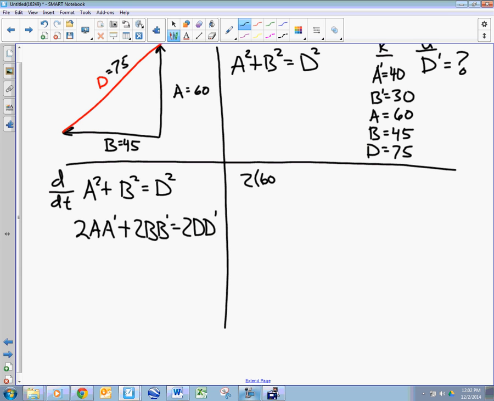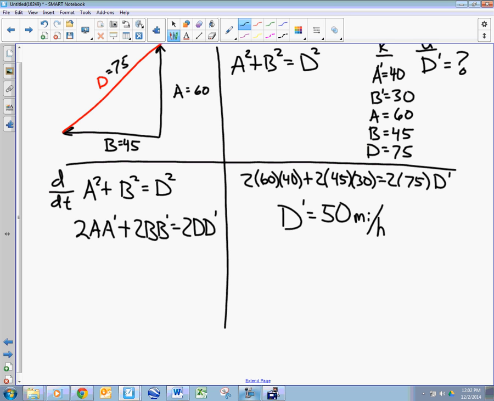So 2 times 60 times 40 plus 2 times 45 times 30 equals 2 times 75 times D prime. You get 50? So there you go.